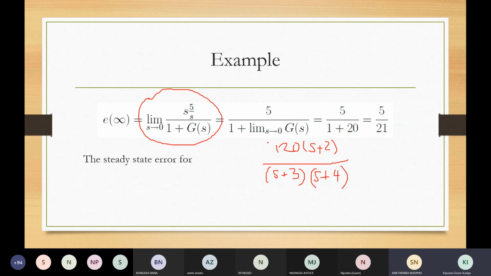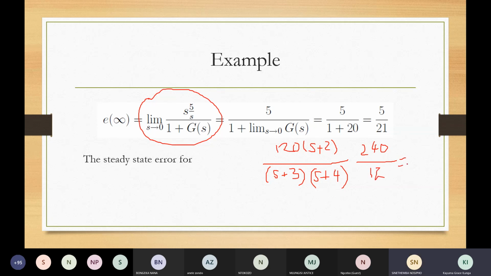So the limit of s approaching 0 of this expression. When we put 0 here, it's going to be 120 times 2, which is 240, over 3 times 4, which is 12.